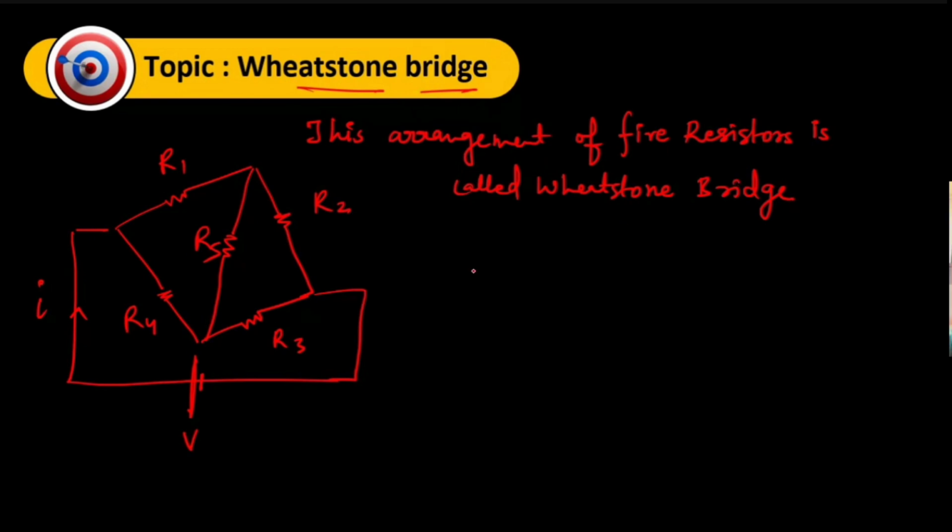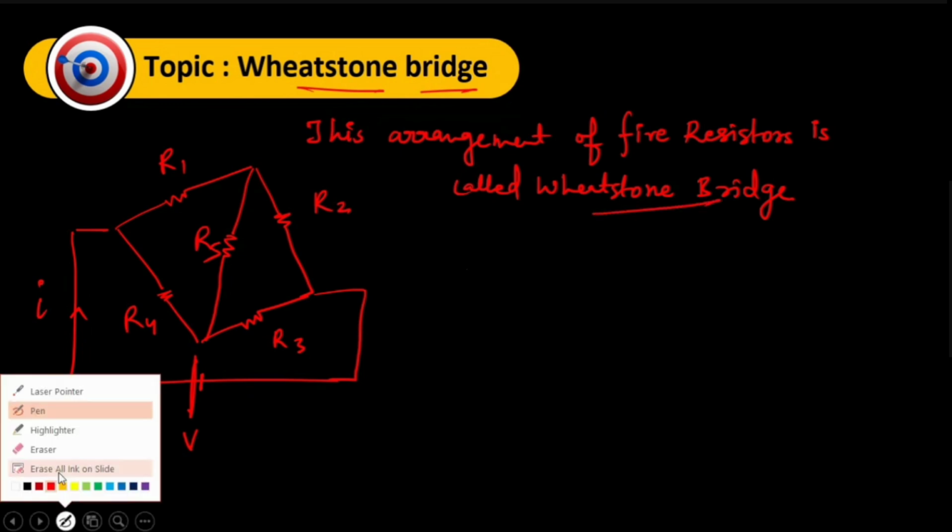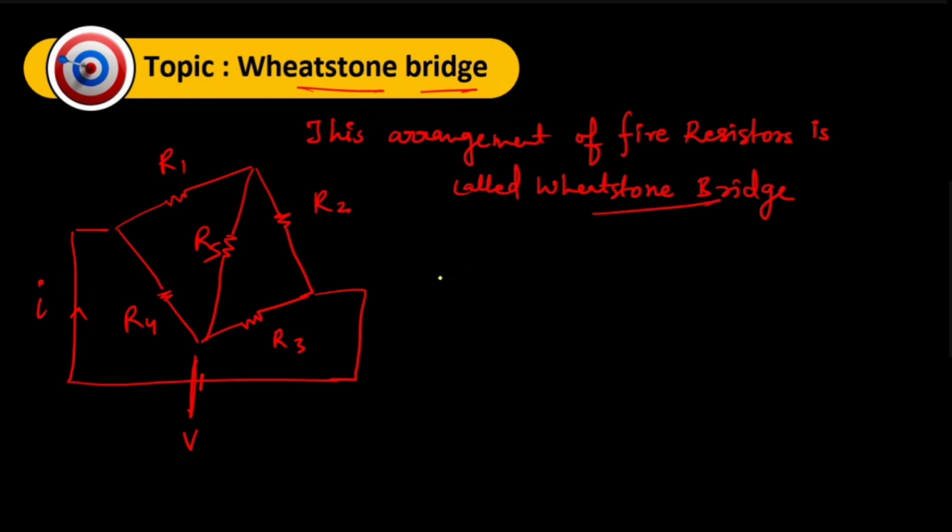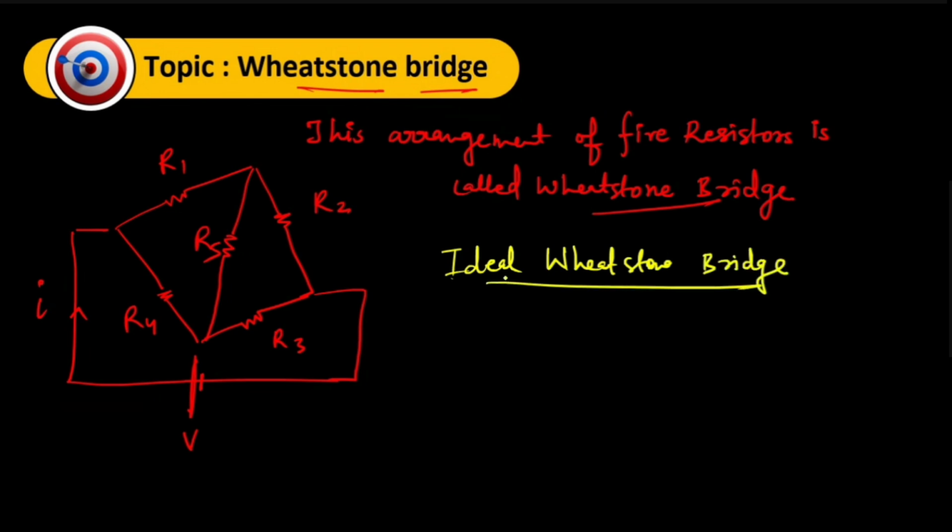So the catch is there is a special type of Wheatstone bridge which is known as ideal Wheatstone bridge. Solving ideal Wheatstone bridge is very easy because for ideal Wheatstone bridge, the ratios of resistance look like this.